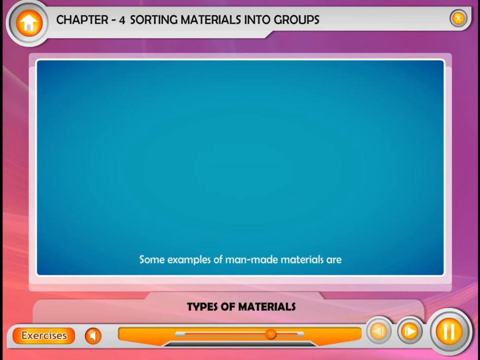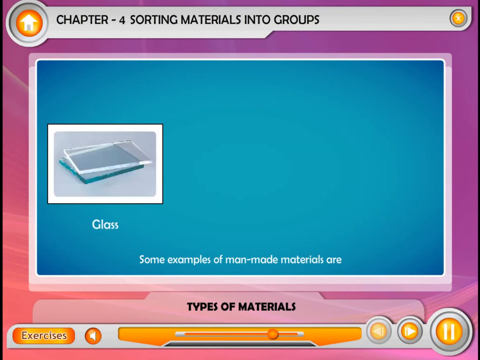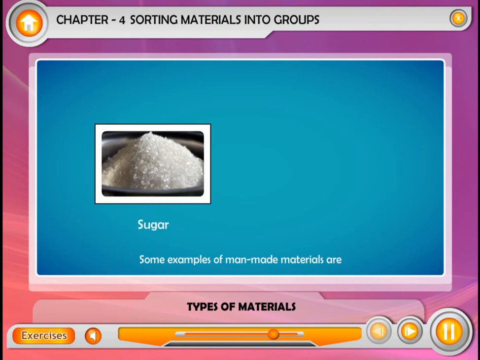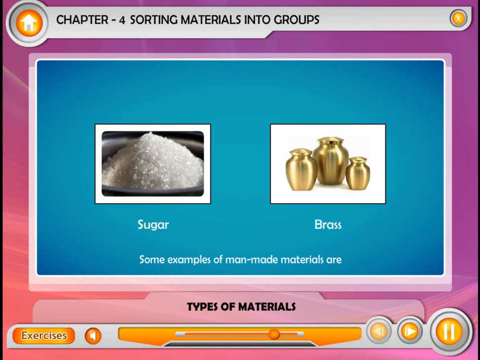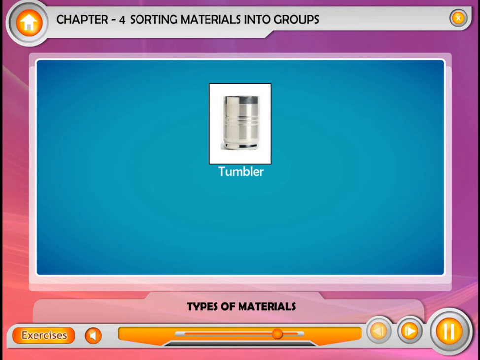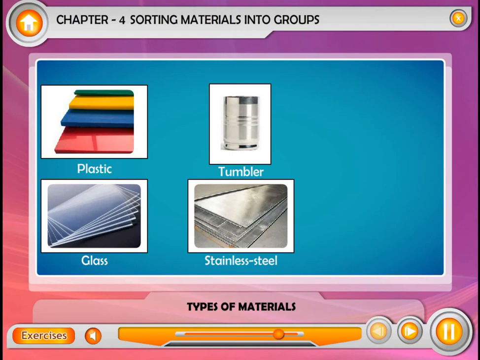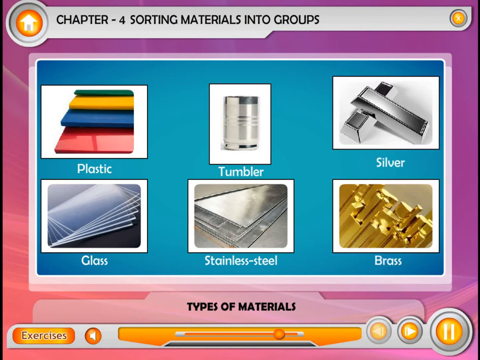B. Some examples of man-made materials are iron, stainless steel, cement, glass, plastic, paper, sugar, and brass. In our everyday life, we use many objects made of natural and man-made materials. For example, a tumbler can be made of different materials like plastic, glass, stainless steel, brass, and silver.